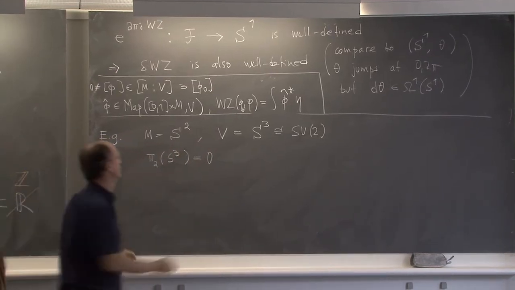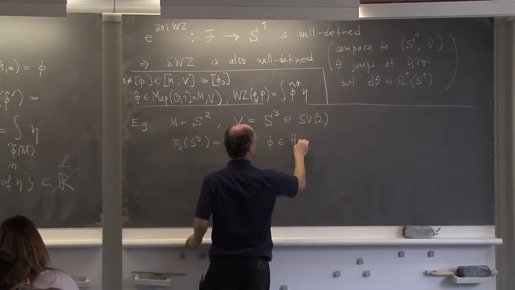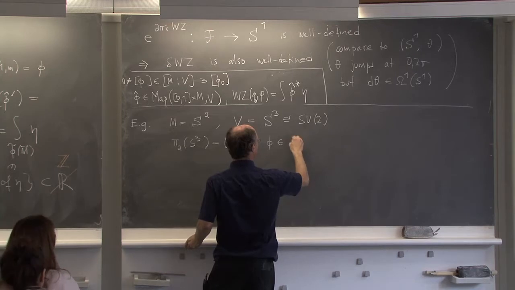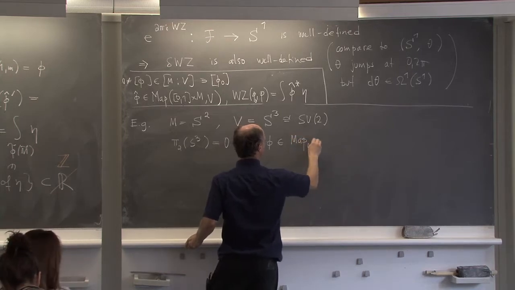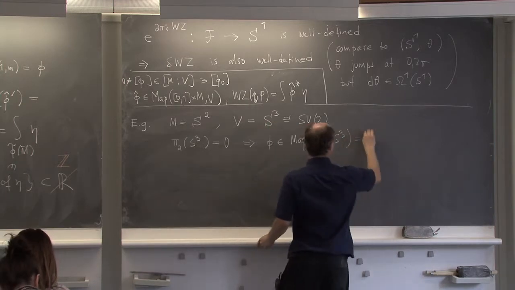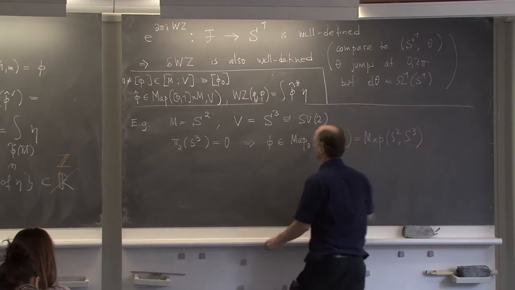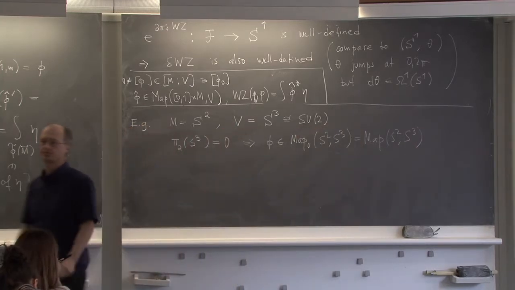So therefore, phi always belongs to map 0 from S2 to S3, because it coincides with all the space of maps.